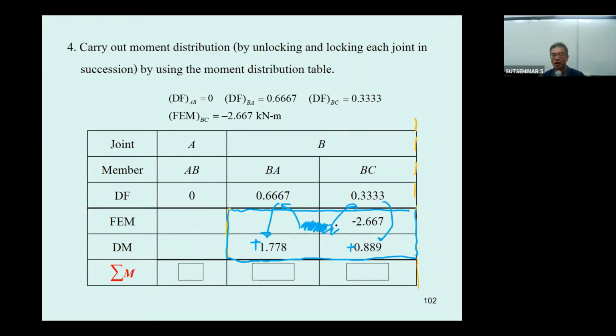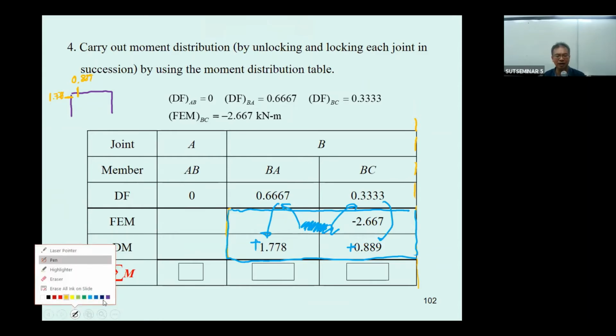And then what we have is the frame is in symmetry, okay? And this is not done yet, okay? This is going to be what for the column AB and BA. For this one, you have what? You have this fixed end moment of 1.778, and you have this one for 0.889. And this table is not complete.